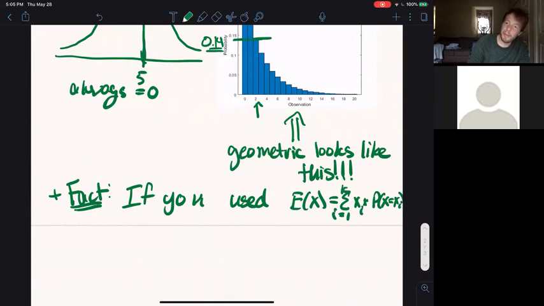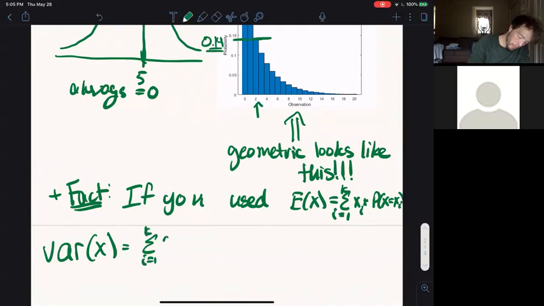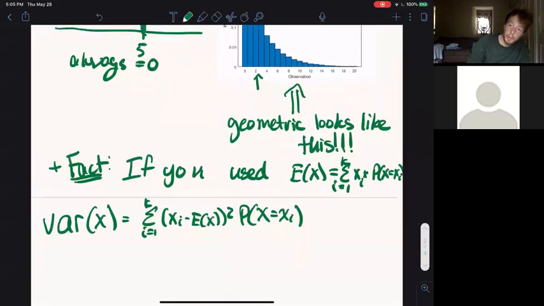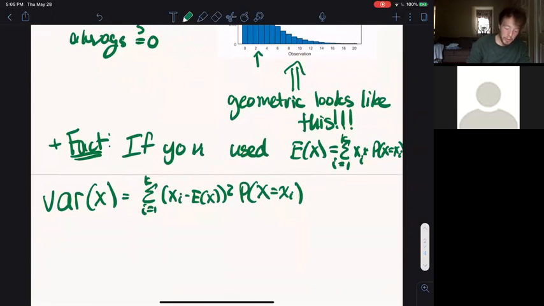Right, this crazy formula to find the expected value, and there's also the same one for variance. There's also the one for variance as well. If you use both of these formulas on the geometric distribution, you could actually go ahead and solve for which of these values are.